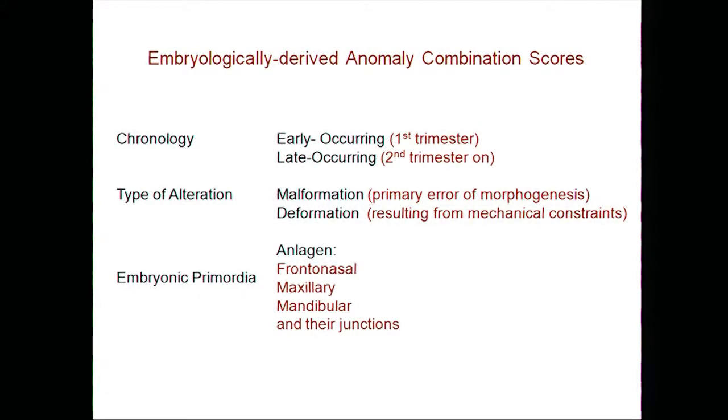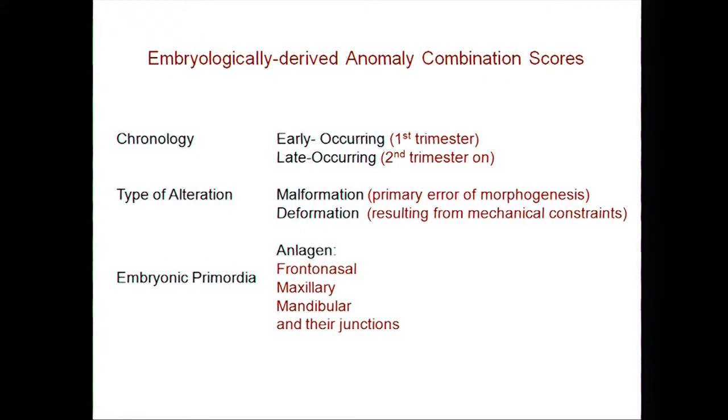So we are interested in what we can tell about chronology. When did these anomalies arise? The type of alteration: is it a malformation, which is geneticist jargon for a primary error of morphogenesis, versus a deformation resulting from a mechanical constraint in utero?